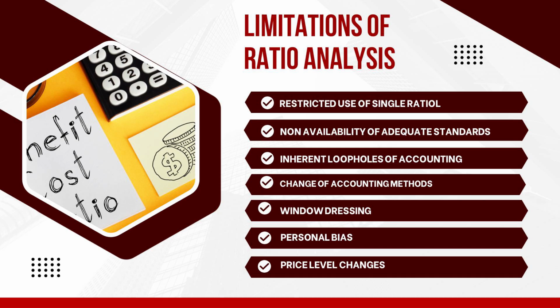So, we cannot afford to ignore the price level changes, but the very fact is that price level adjusted financial statements are not easily available, neither are they disseminated in the public domain. So, that is one of the inherent limitations of ratios when we are talking about their use and application.